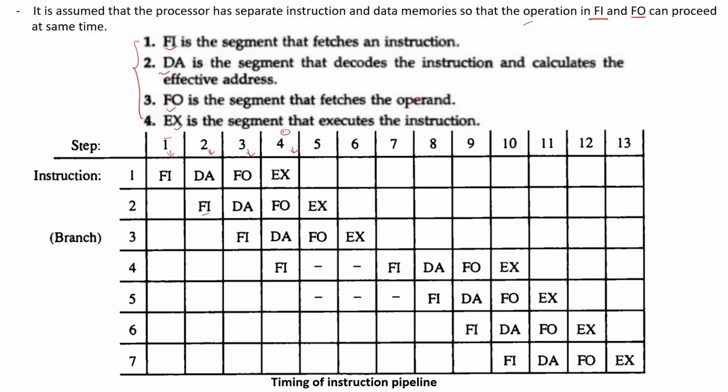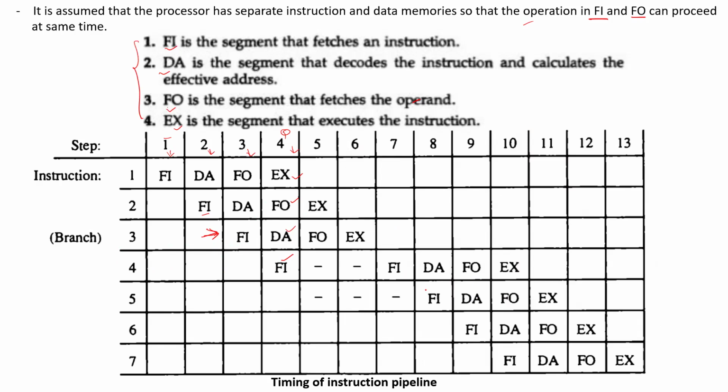In the fourth cycle, one instruction is being executed, one is having its operand fetched, another is being decoded with the effective address found, and a fourth is being fetched. But if the third is a branch instruction, then new fetching will stop and this branch instruction itself is executed.